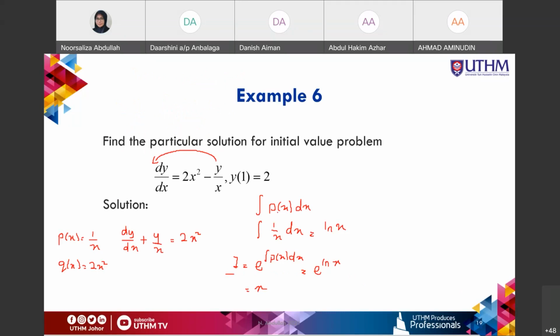You integrate Px, I equals to exponent integration Px dx. So integration Px dx is ln x. So you gantikan ln x dekat sini. So you have exponent ln x which is equals to x. Oh, okay.